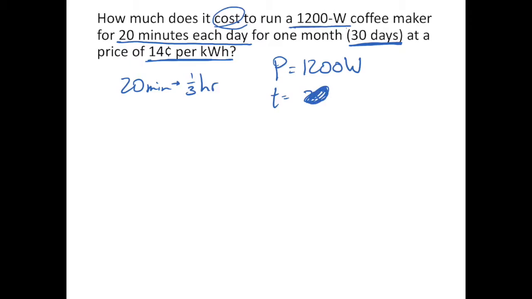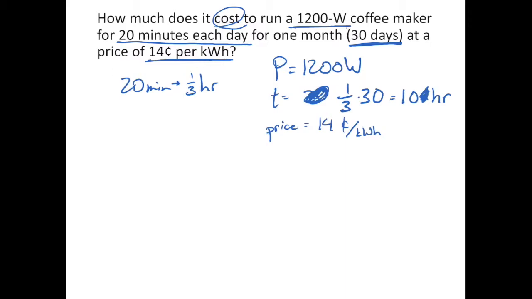So I'm going to say a third of an hour for 30 days. We have our time per day times the number of days, and that gives us 10 hours. So we're talking about a total time of 10 hours. And lastly, we have our price, which is 14 cents per kilowatt hour.